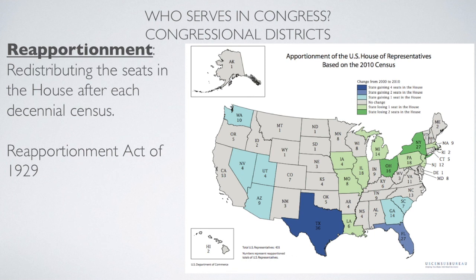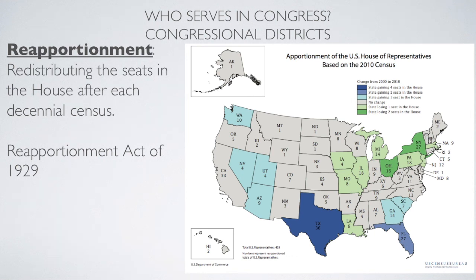There was a Reapportionment Act of 1929 that stated that. So understanding that every so often the House is going to fluctuate as far as seats per state. If one state goes up, another state might go down because there's only 435 seats available. We don't add seats. If we add a seat to one state, we have to take away a seat from another state.